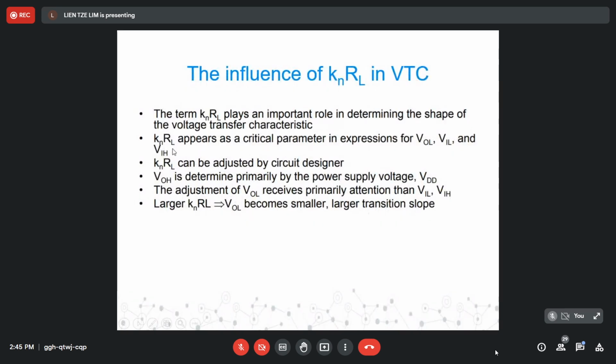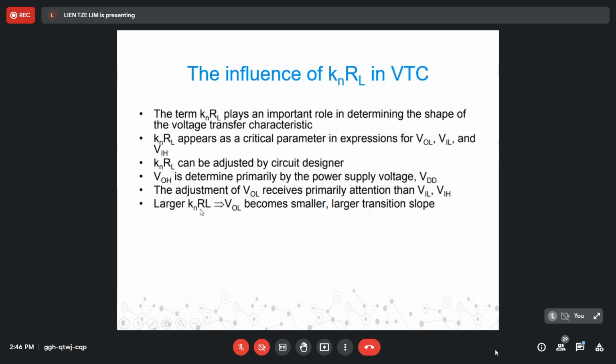It plays an important role because it determines the shape of the VTC. KNRL appears as a critical parameter in the expressions for VOL, VIL, and VIH. KNRL can be adjusted by the circuit designer. VOH is determined primarily by the power supply voltage VDD. The adjustment of VOL receives primary attention over VIL and VIH.